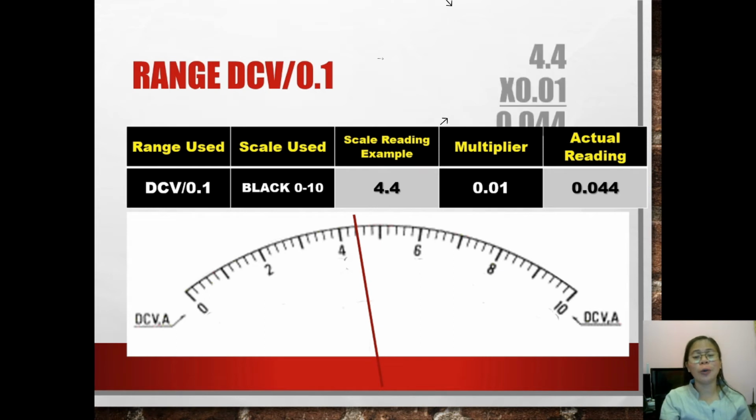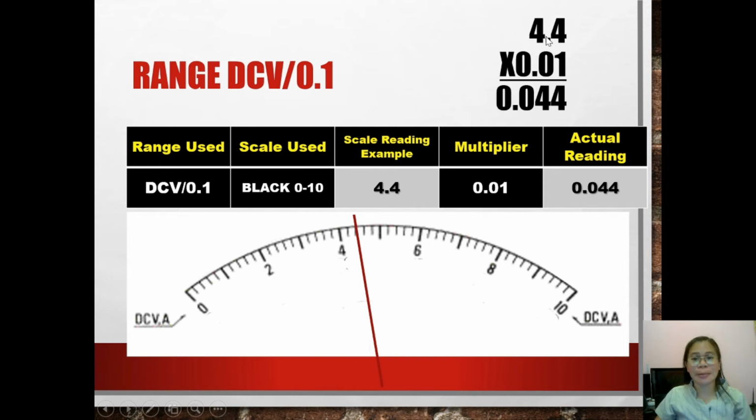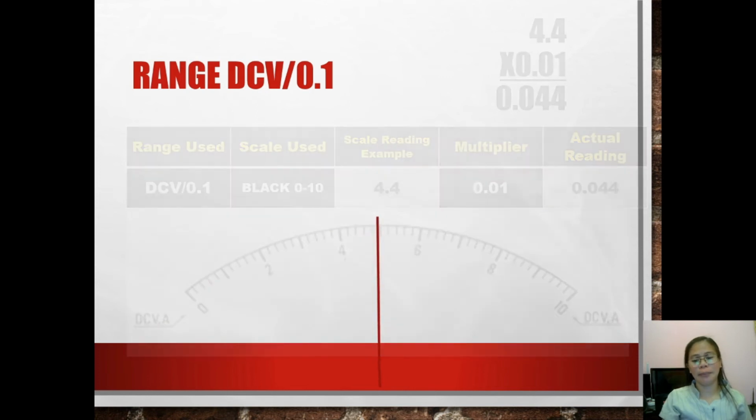So 4.4 times 0.01 is equal to 0.044. If you don't want to use multiplication, just move the decimal point to the left. You are going to move 2 decimal points, 1 and 2. That is why we have the final actual reading of 0.044.